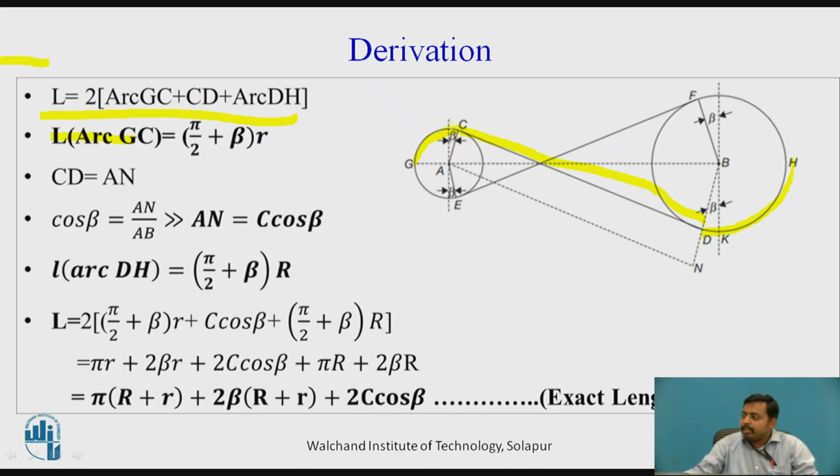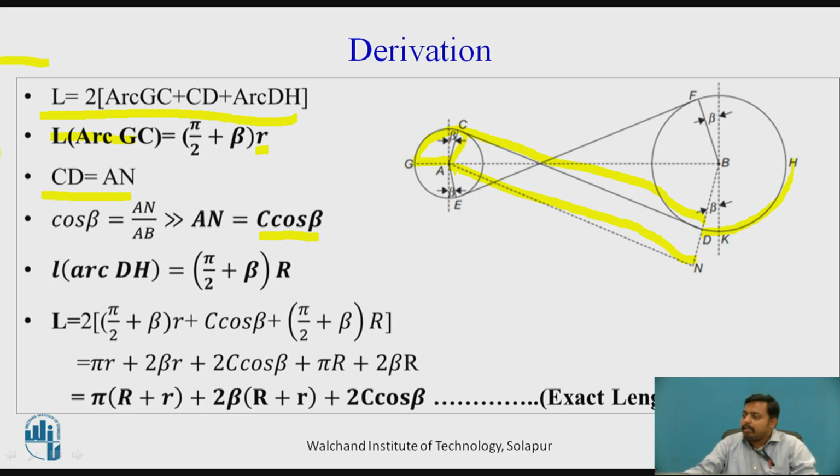So angle GAC is pi by 2, that is 90 degrees, plus beta, into radius of smaller pulley, that is small r. Next we will find out CD, that is equal to AN. So AN is equal to C into cos beta as in the open belt drive.